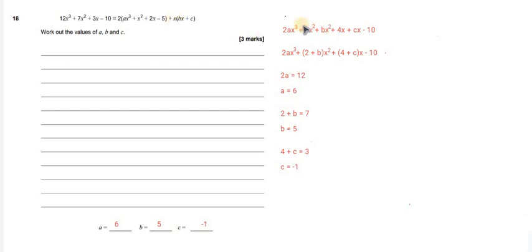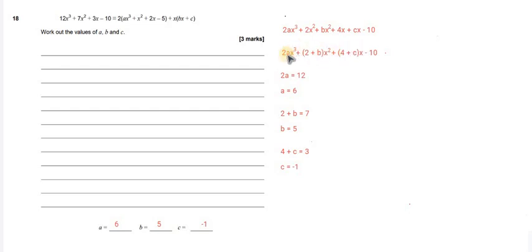So bx squared put next to 2x squared because they're both x squared terms. And 4x and cx put next to each other because they're both x terms. So we factorize the x squared out. So 2 plus b is the coefficient of x squared as a whole, and 4 plus c is the coefficient of x as a whole.